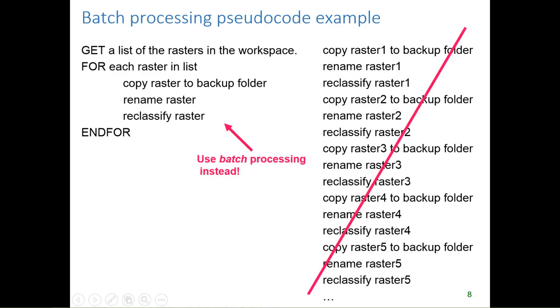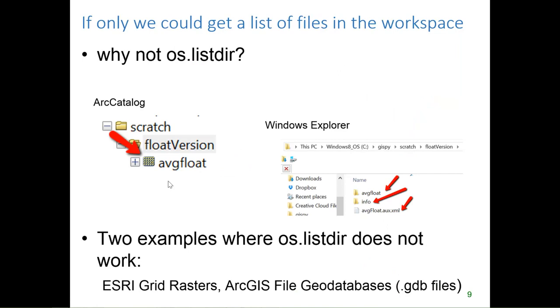Instead, use batch processing, like the pseudocode on the left. Batch processing pseudocode always uses at least one of the key terms for or while. You can see that this is also going to save a lot of lines of code, so your code is going to be more readable and succinct. Remember how we said if we could somehow get a list of all the raster files in a workspace, we could do this batch processing?